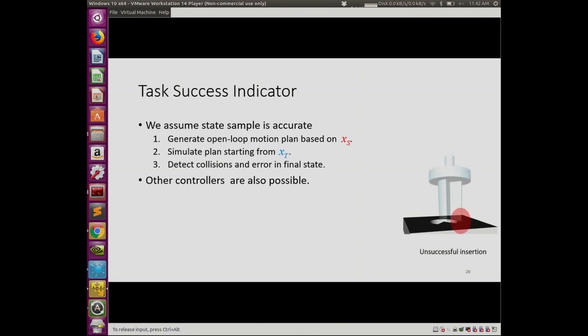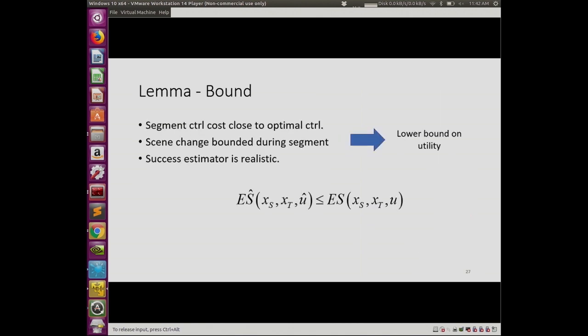We're looking here at open loop controllers, but we could have other controllers in that phase, which are reasoning about uncertainty or other additional constraints. What we have in our computation is basically a lower bound on the utility given a set of reasonable assumptions. The assumptions that we make, and these are detailed in the paper, are that the low-level controller for each segment is close enough in its result to the optimal controller in terms of the cost or utility.